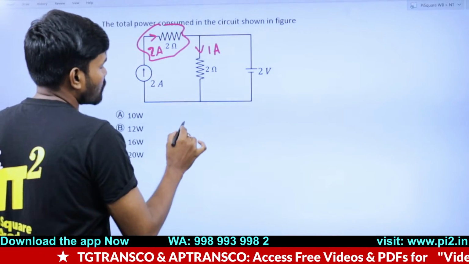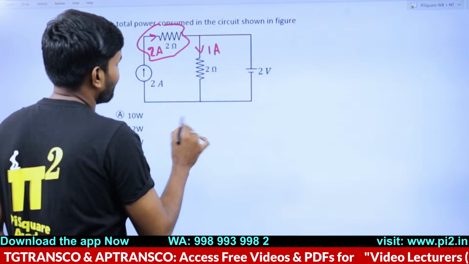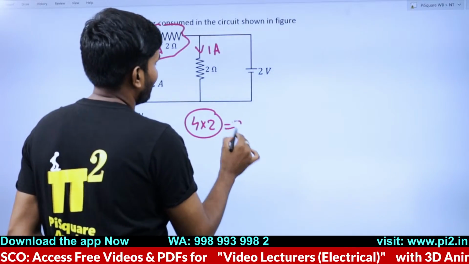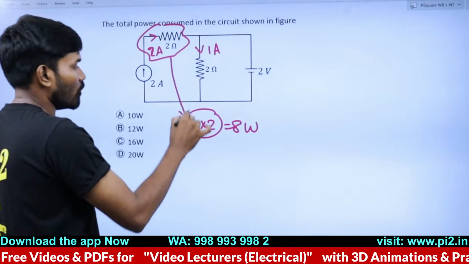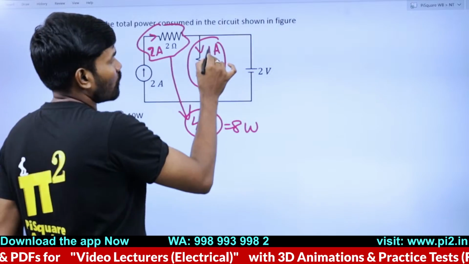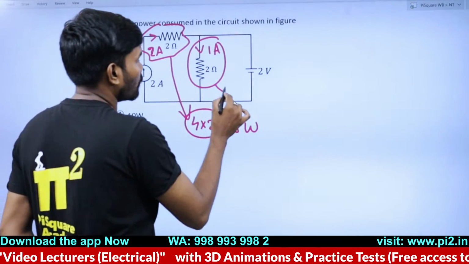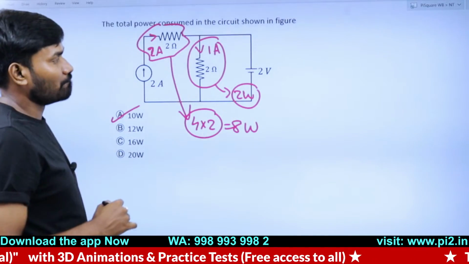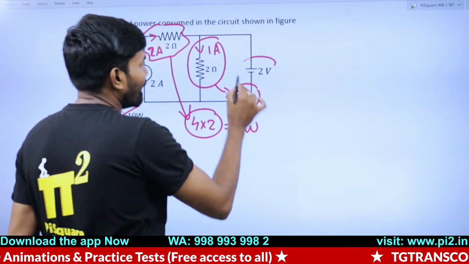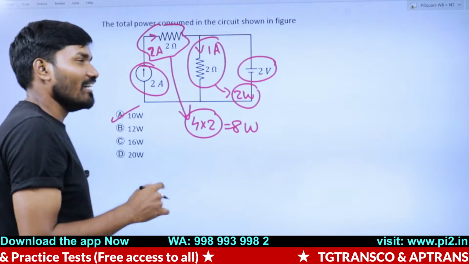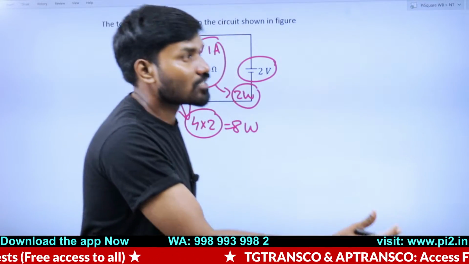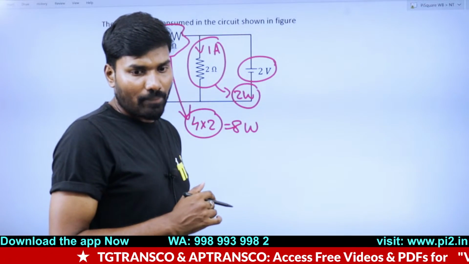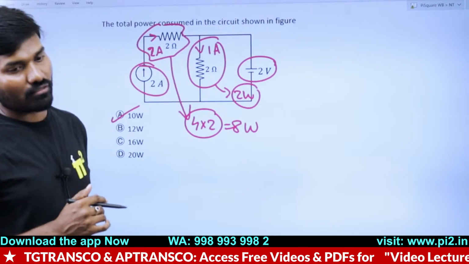So this is I square R. I square is 4 into 2, which is 8 watts of power consumed in this, and I square R is 1 into 2, 2 watts consumed here. 2 plus 8 is 10. And these two are delivering the power. 10 watts is consumed, means 10 watts must have been delivered by both combined. That's it. Power consumed means 12 watts.